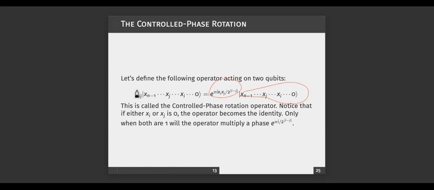However, if both of them are 1, then the vector becomes multiplied by a phase, e to the pi i over 2 raised to the absolute value of i minus j. So let's define that kind of operator. That's the definition.